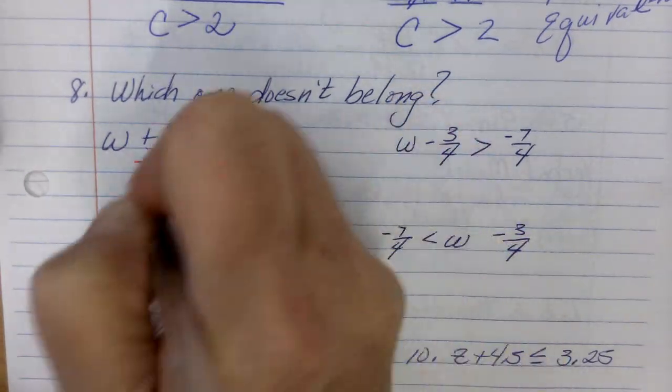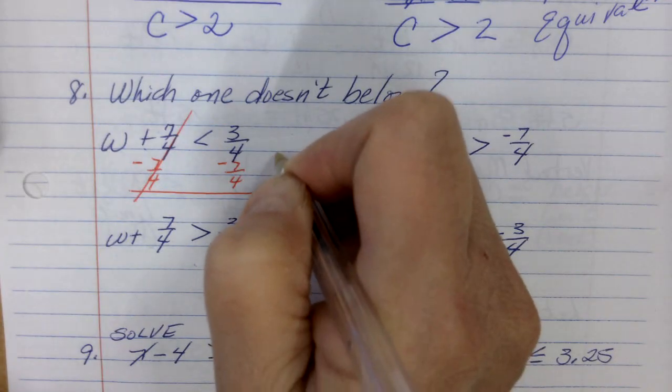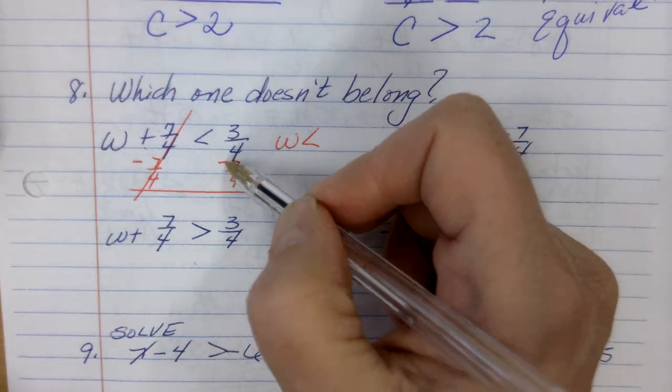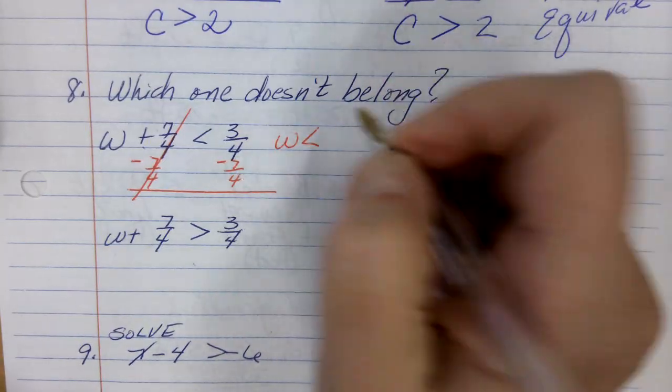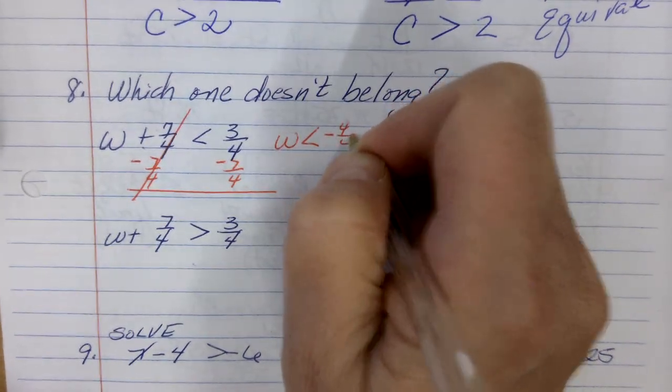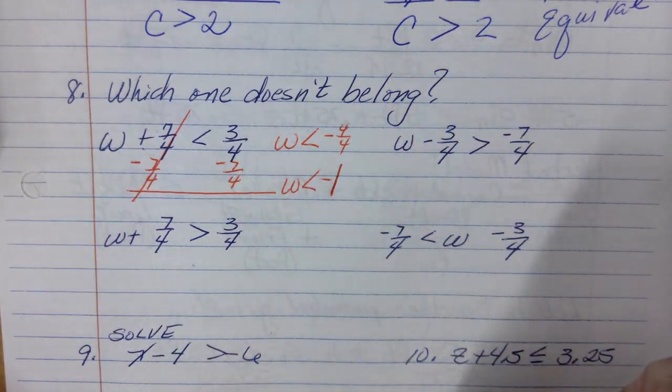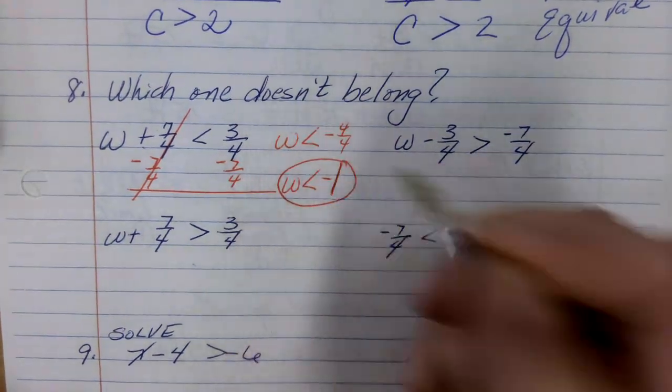We're left with, these cancel out, w is less than 3/4 minus 7/4. 3 minus 7 is negative 4/4, or w is less than negative 1. That's what we have for this one.